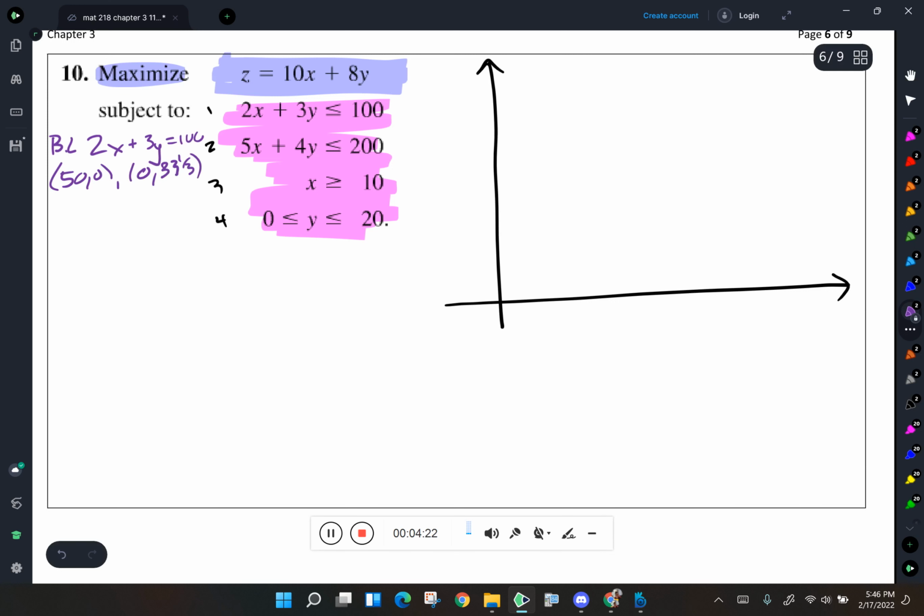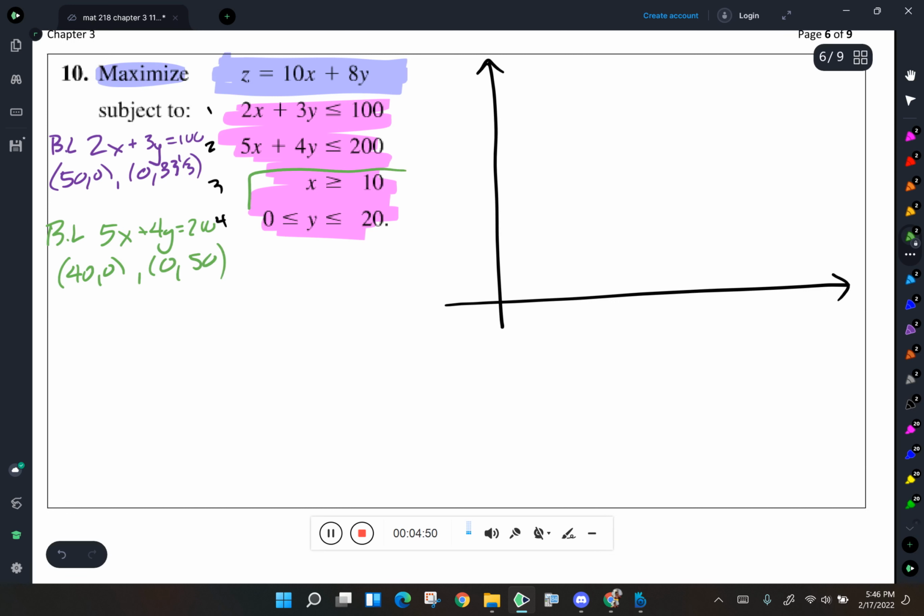Right? The boundary line for inequality 2, sorry, constraint 2, 5x plus 4y equals 200. It has an x-intercept of 200 divided by 5, which is 40, and it has a y-intercept of 50.